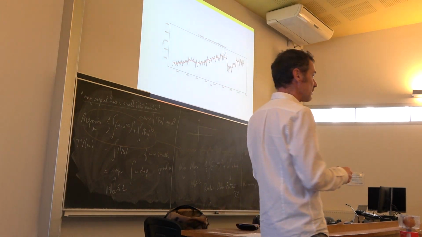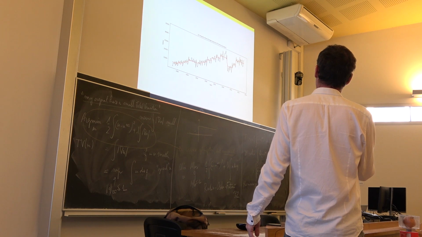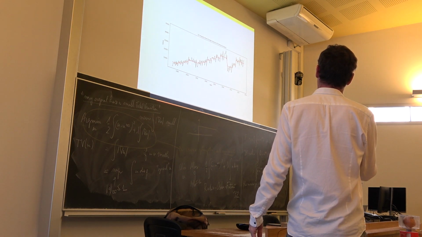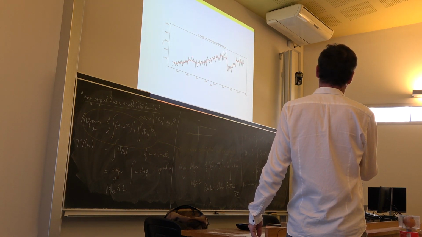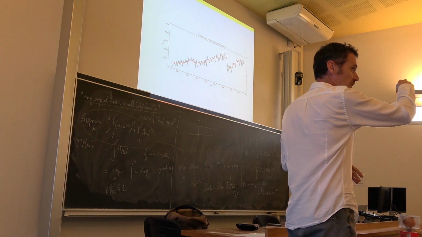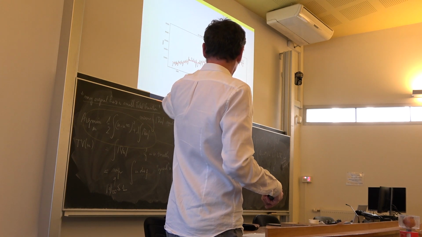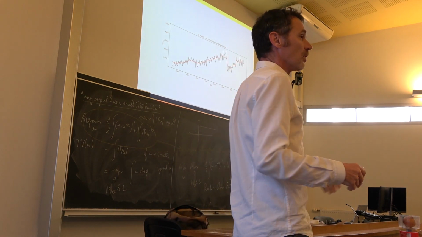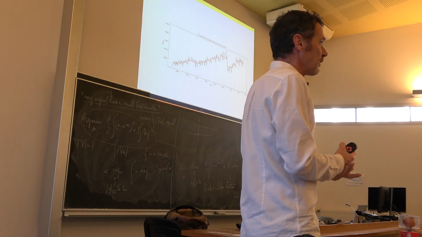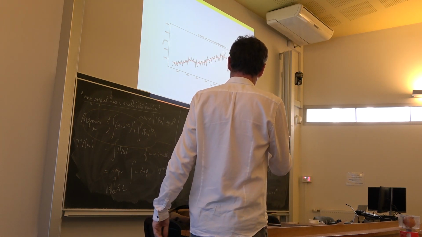What is not so nice is that you see I have some steps, my function is stepwise constant. Well, there are some tricks I will show you later to remove this, but in fact for 2D images it is not really a problem.